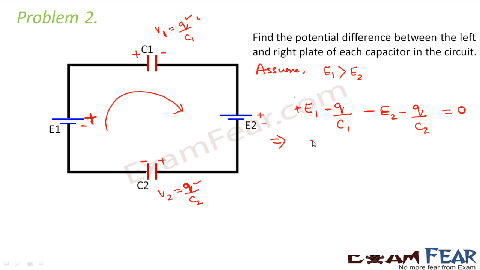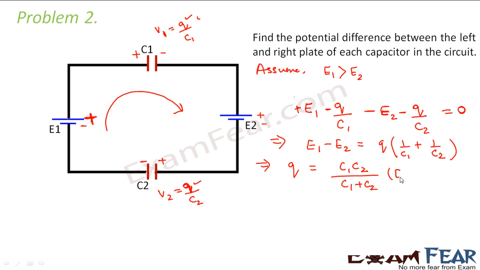So we get E1 minus E2 is equal to Q into 1 by C1 plus 1 by C2. Therefore, we say that Q is equal to C1 C2 divided by C1 plus C2, into E1 minus E2.